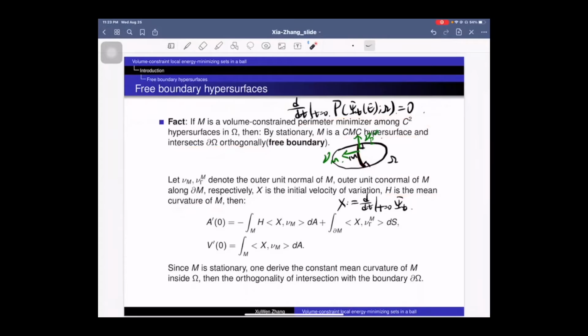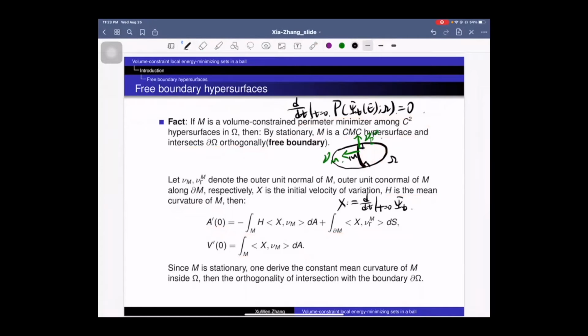Then, from the first variation formula, we have the first derivative of the surface area, and it's this. And from the divergence theorem, we have the first derivative of the volume, it's this.